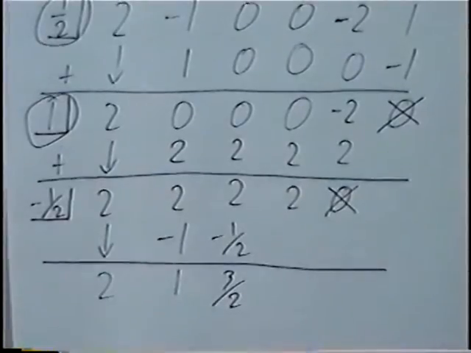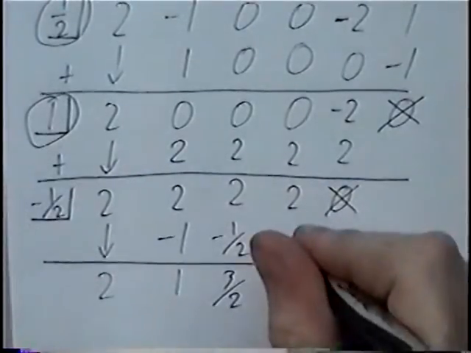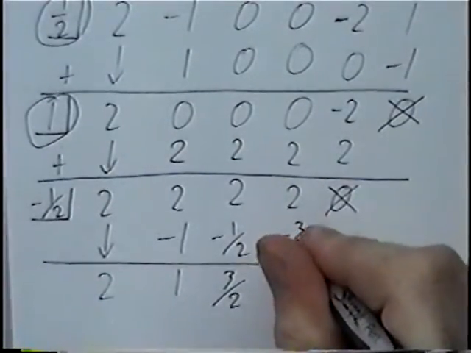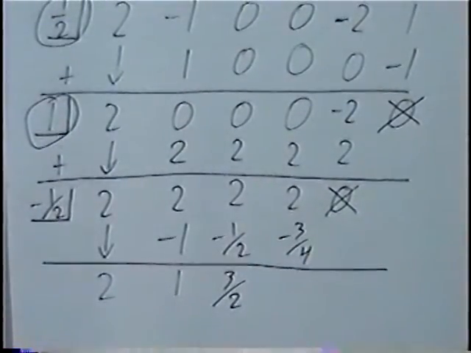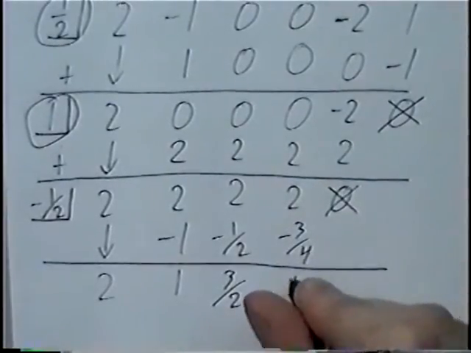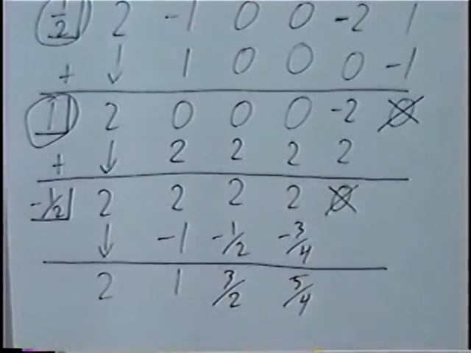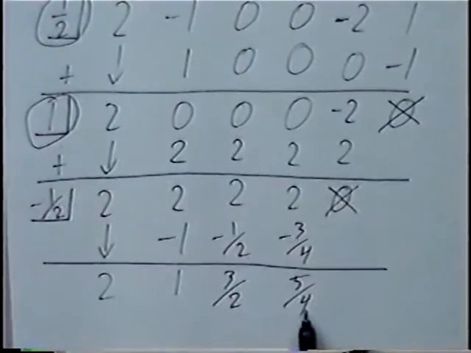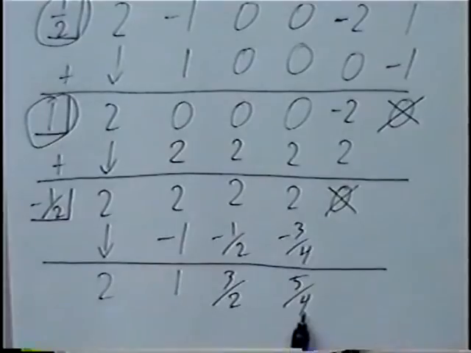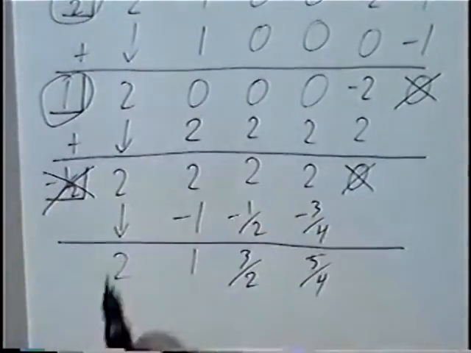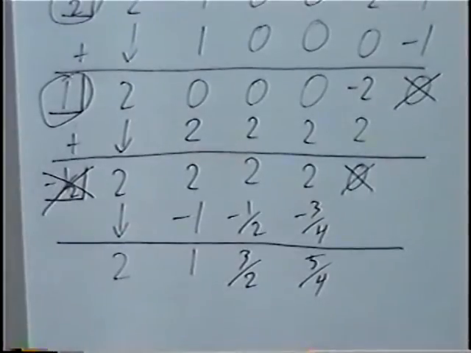Negative 1/2 times 3 over 2 would be negative 3 over 4. And 2 plus a negative 3 over 4 would be 1 and 1/4, or 5/4. And again, if this was a 0 remainder, that would be negative 1/2 is a 0 for the function. Since we have a remainder, a number that's not 0, that means negative 1/2 is not a 0 and does not work for the function.